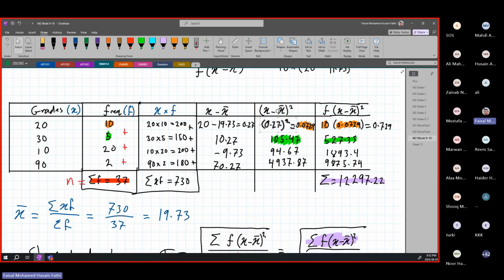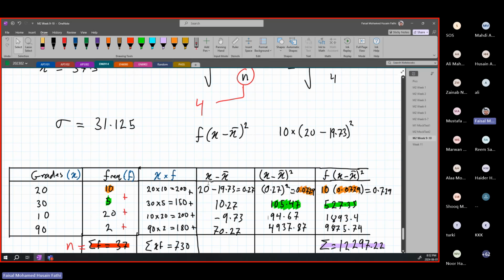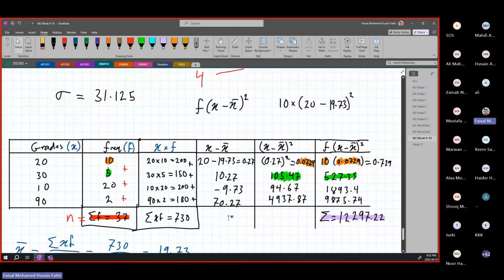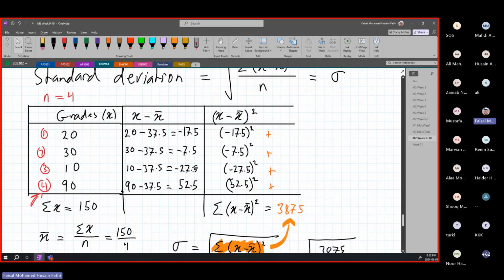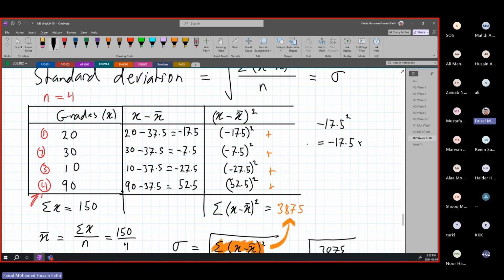Okay? So do not put this as a negative value. This is actually a very important point. Be careful with your signs, all right? Even here I had a lot of negative values, but they will all become positive once you square them, all right? Because remember, minus 17.5 squared is equal to minus 17.5 times minus 17.5, meaning the negative values are going to cancel with each other.